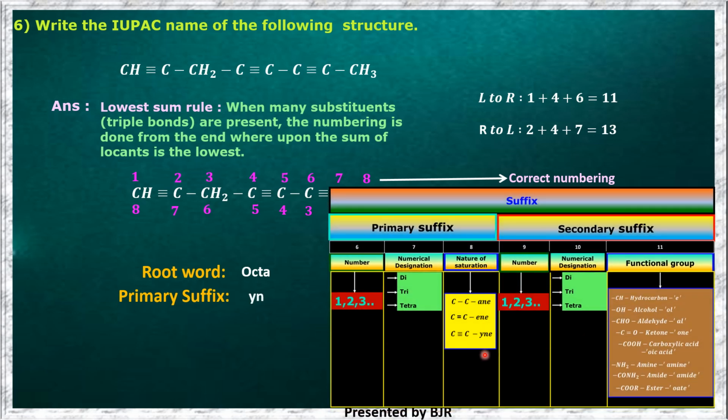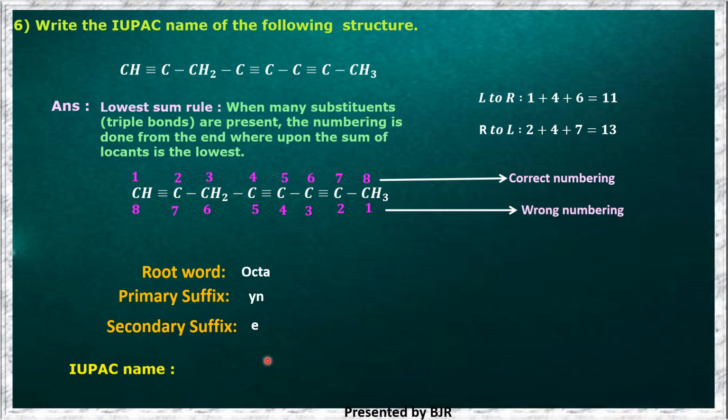The primary suffix is yn, because triple bonds are there; the nature of saturation is triple bond here. Secondary suffix: this structure contains only hydrogen and carbon atoms. For hydrocarbons, the secondary suffix is e. So the IUPAC name is octa 1, 4, 6 triene. Octa 1, 4, 6 triene.